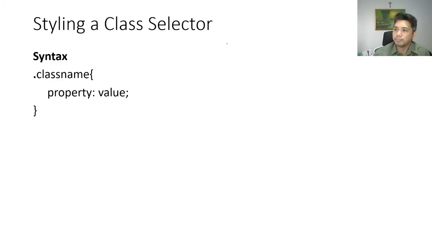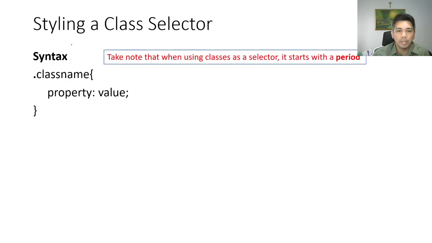This time around, we will use the class name as a selector. But you have to take note, when using classes as selectors, we have to start with a period, a dot, followed by the class name. And then, dadagdag na natin yung block and property and value.